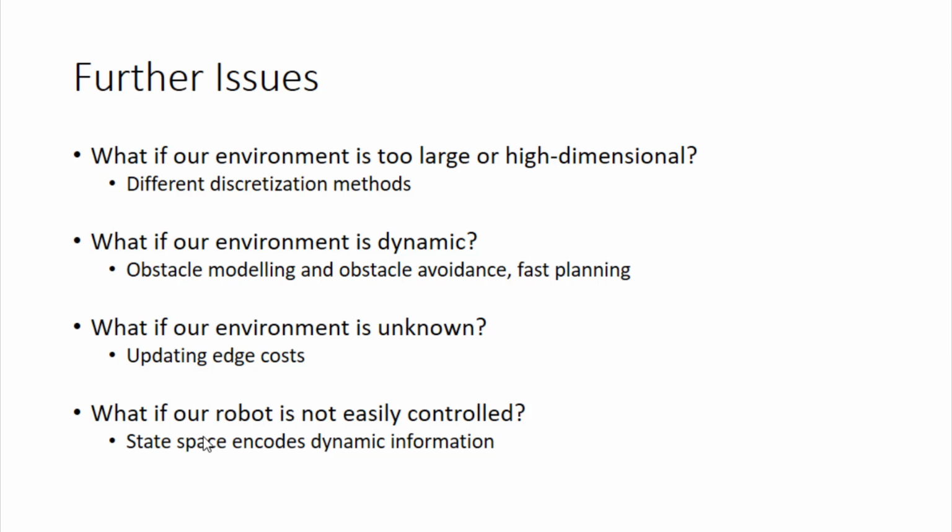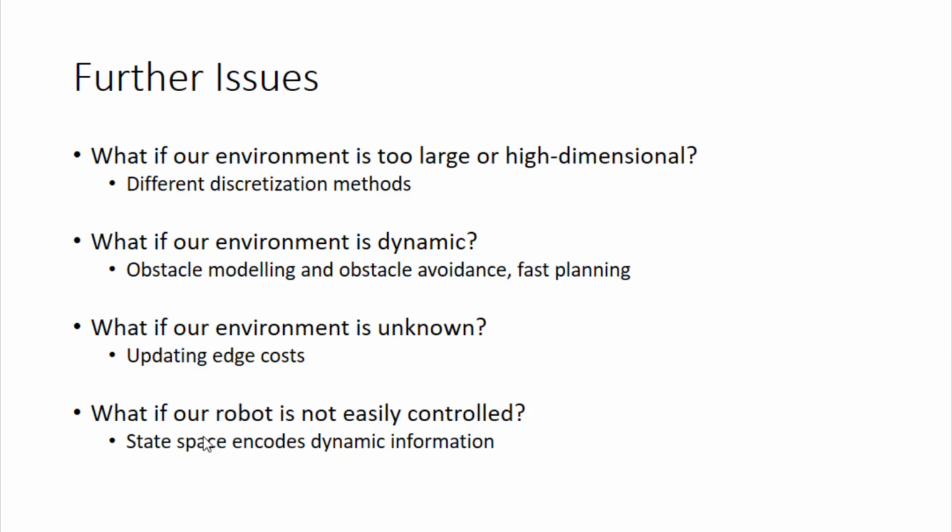What if our obstacles are moving around? In that case, it becomes hard to discretize the space, because if your obstacles move and they intersect one of your edges, now your graph doesn't really represent your space very well. With this topic, we start talking about how to model the obstacles, how to do obstacle avoidance, or how to plan really fast.